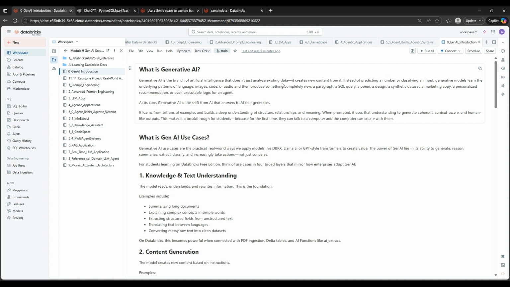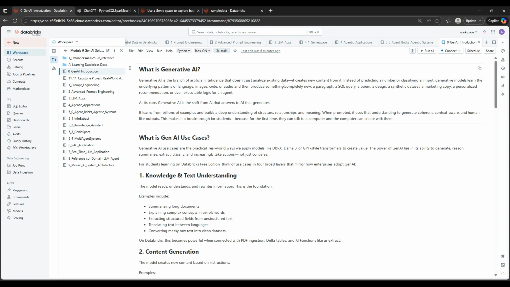Instead of just predicting a number or classifying an input, generative models can learn the underlying patterns of language, images, or audio and then produce something completely new: a paragraph, a SQL query, a poem, a design, a synthetic data set, a marketing copy, a personalized recommendation, or even an executable logic for an agent. So these are the first times AI starts generating.